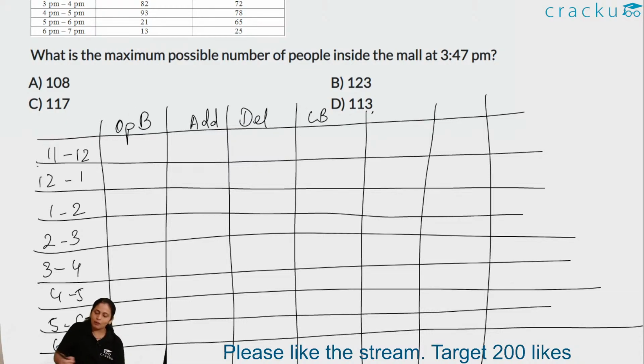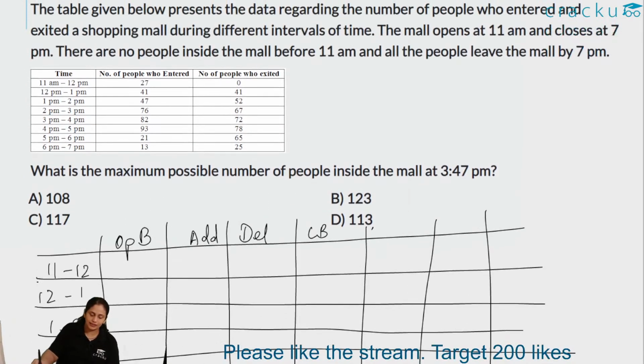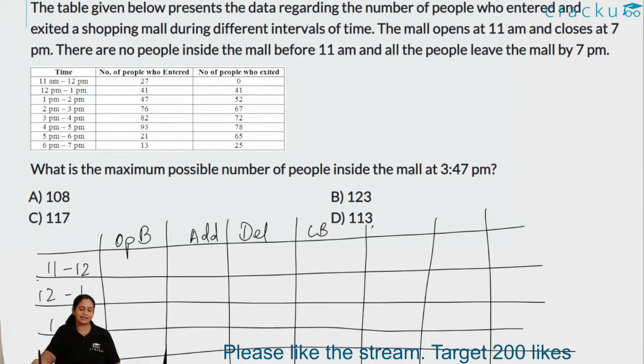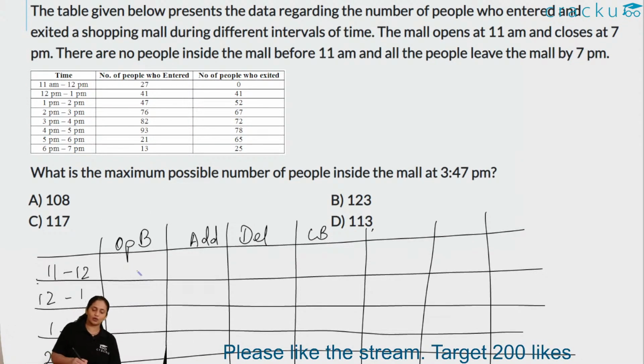Okay. Now what is opening balance? Opening balance is basically the number of people at exactly 11. So at exactly 11 there are no people in the mall, so this is 0. The columns given in the table are the additions, that is people who entered, and deletions, that is people who left. So just copy over that data entirely.